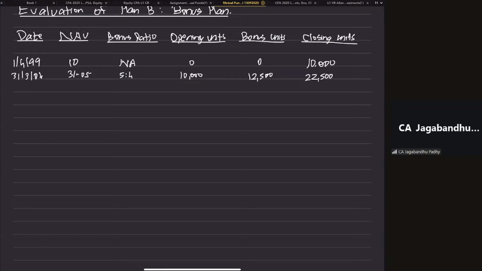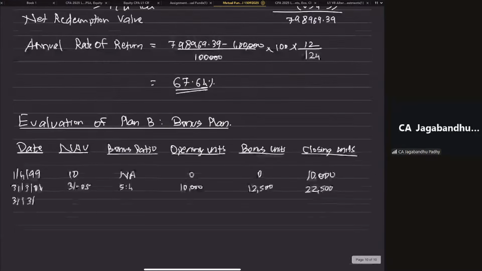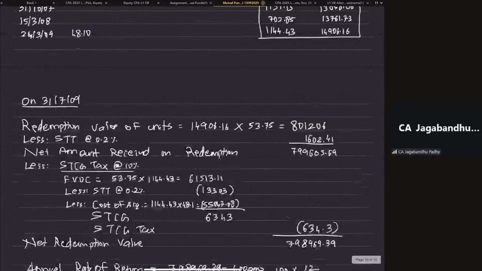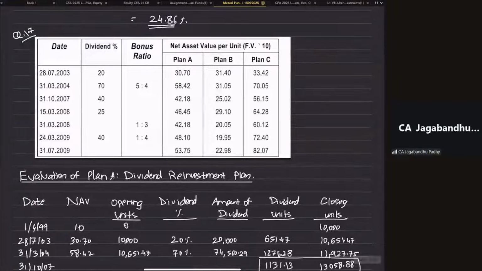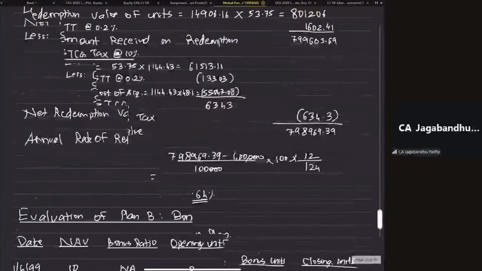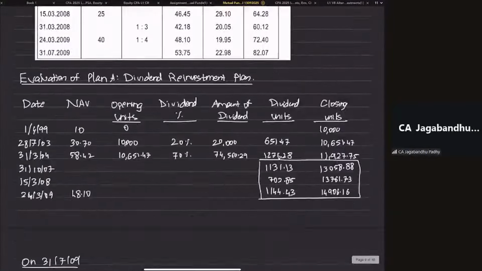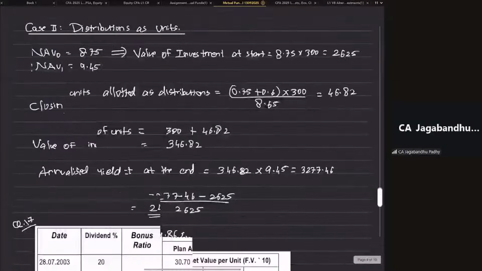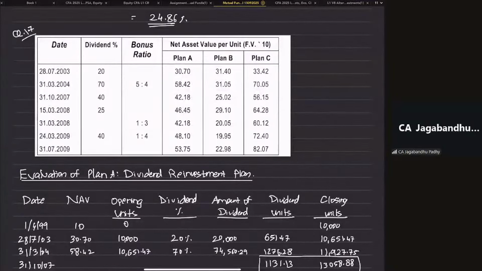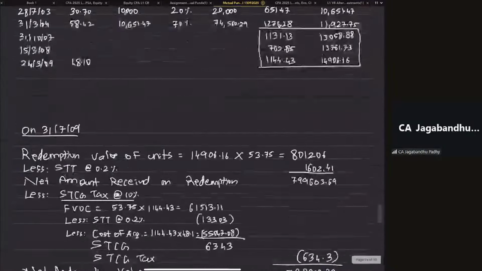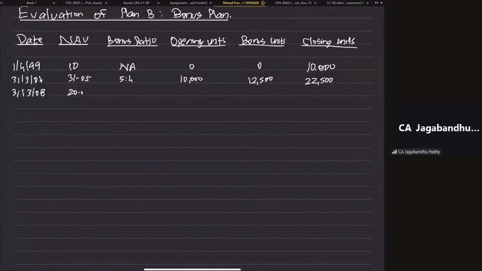Okay. Then next is 31st of March. When is the next bonus given? 2008. NAV at that time is 20.05 and bonus ratio is 1:3.